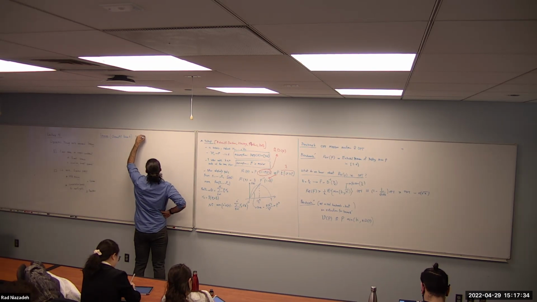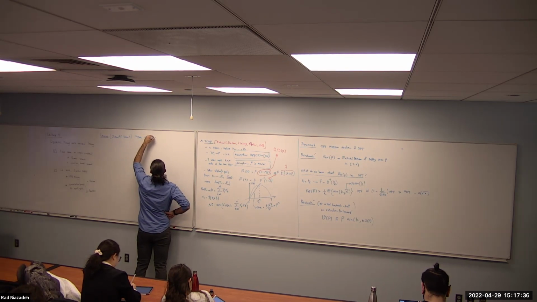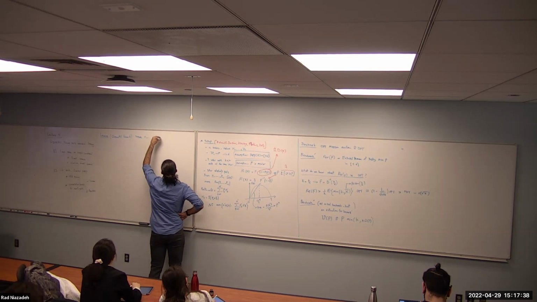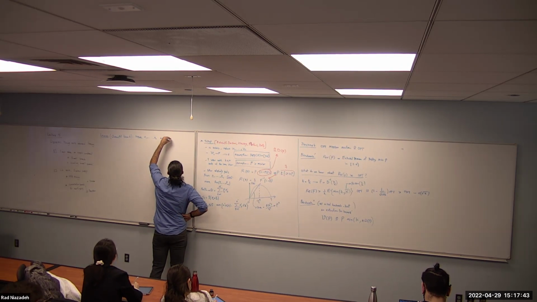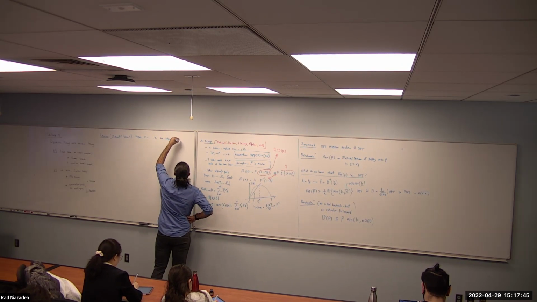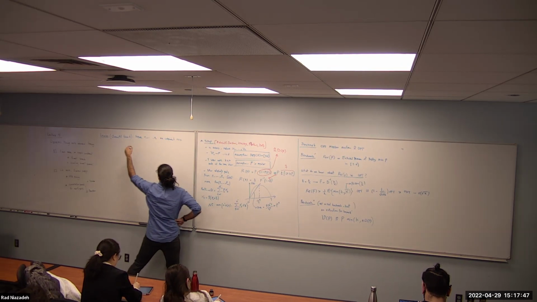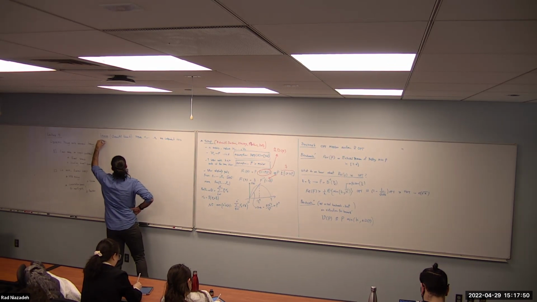Suppose x1 all the way to xn are independent random variables, and the support is between 0 and 1.